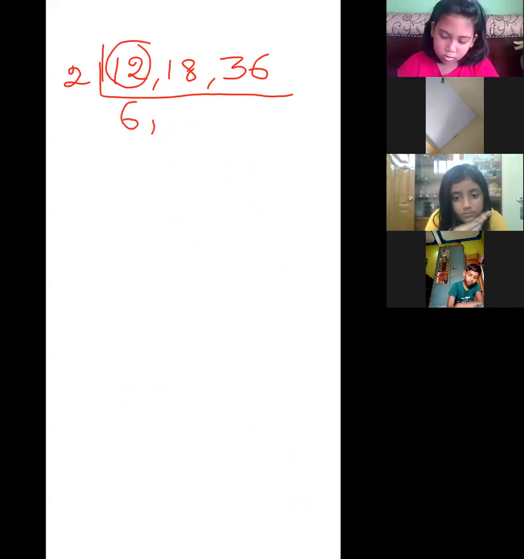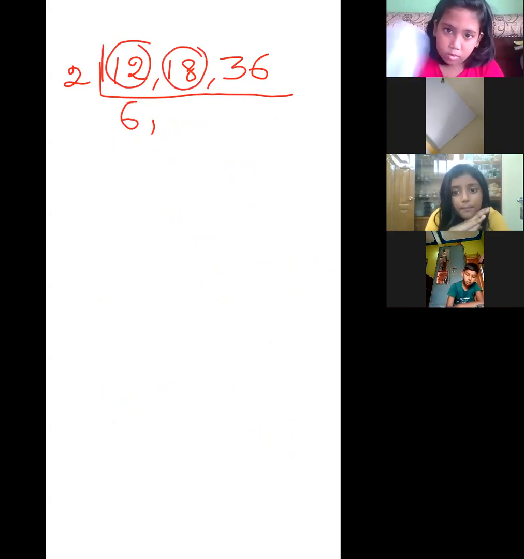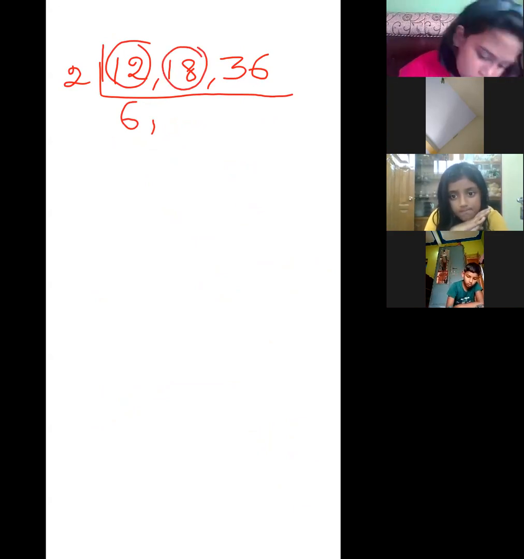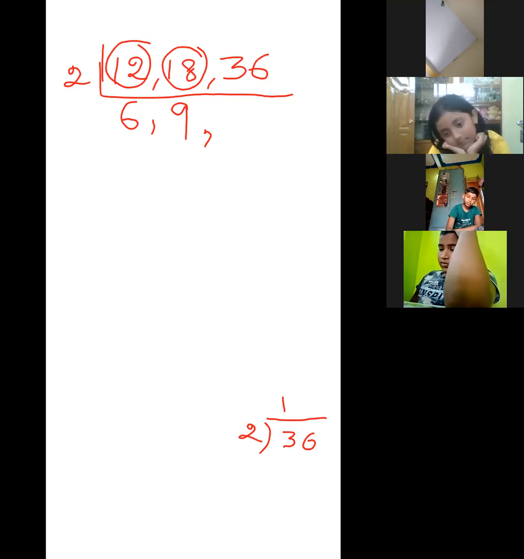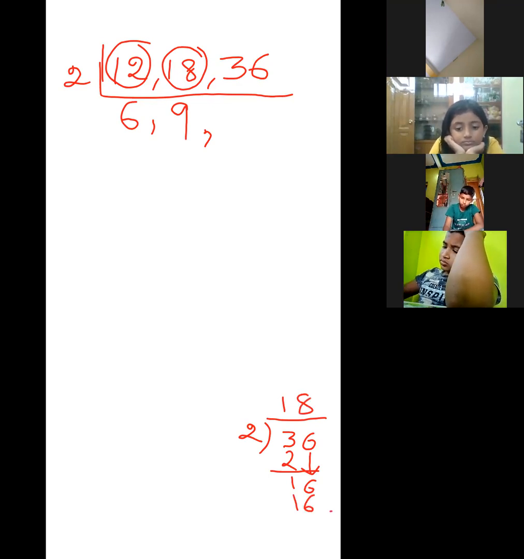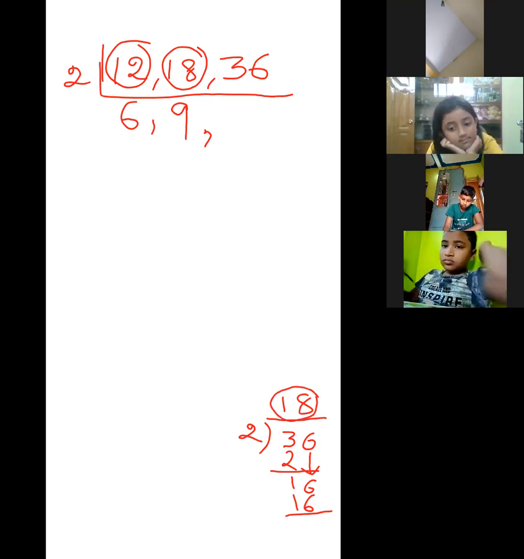If you divide 18 by 2, say 2 9s are 18, no? Sharanya? Okay. And this one, you can divide in the rough. 2 1 is 2, then 1 and this 6. 8 2s are 16. Got it? So it will be 18. Yes or no?